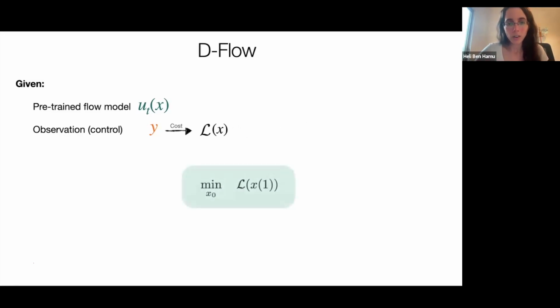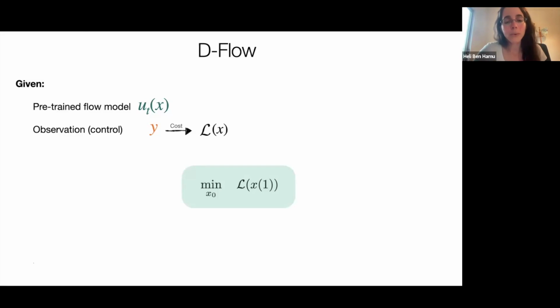And basically, this boils down into a very simple optimization problem, but the thing to notice here is that the x that we plug in here is x of 1, which is the solution of the ordinary differential equation, or the endpoint of the generation process starting at x0.